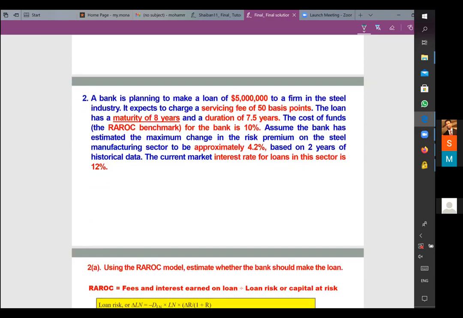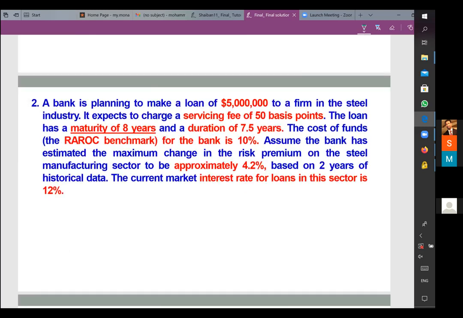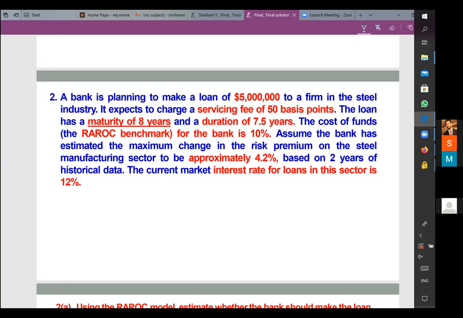Now, the RORAC, as I explained before, is doing two things, just to refresh your memory. It goes in two steps. And RORAC, as we said, is a type of credit scoring model for single loans.